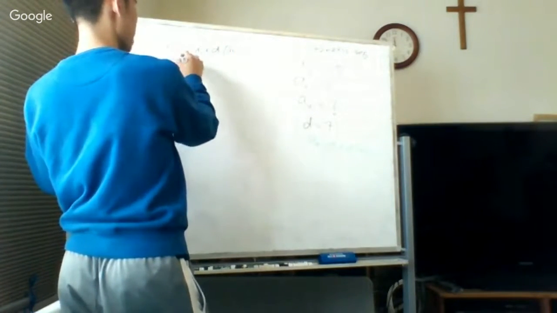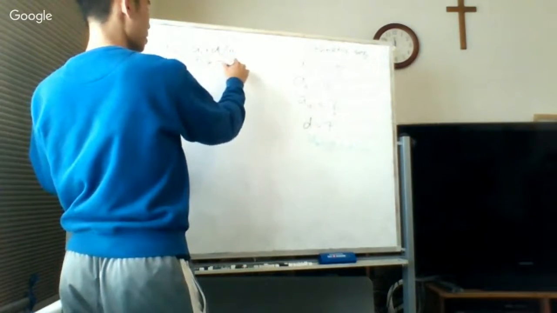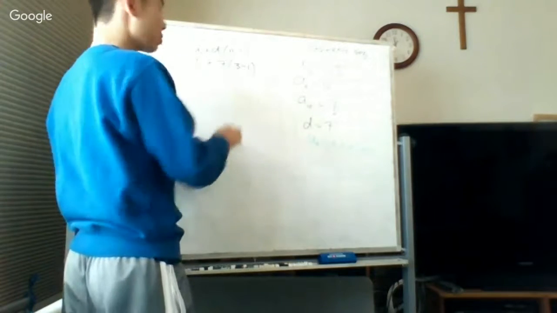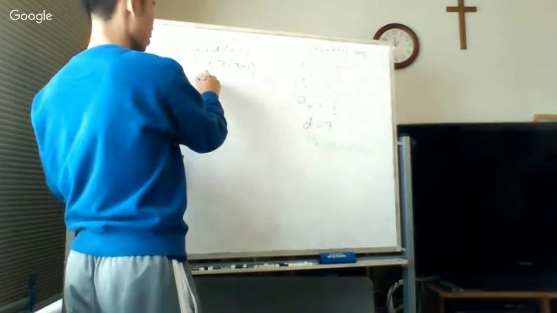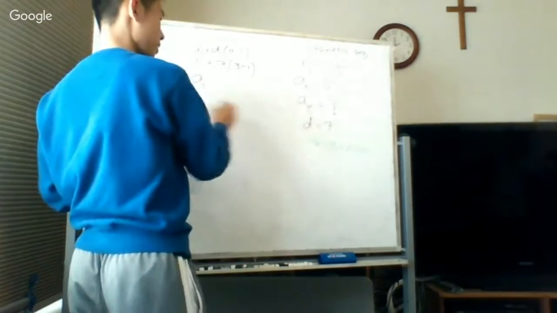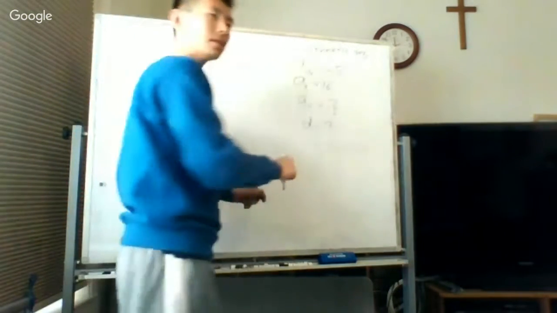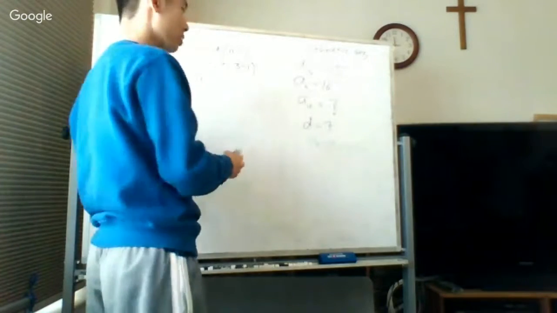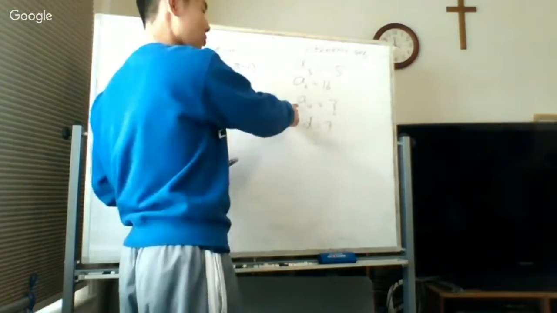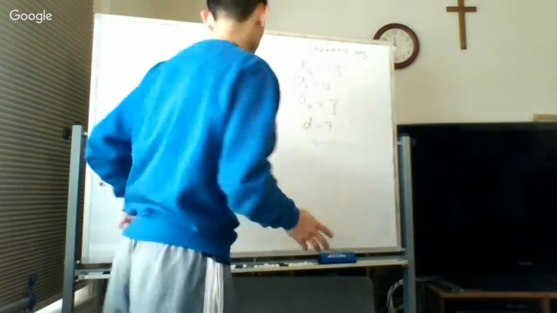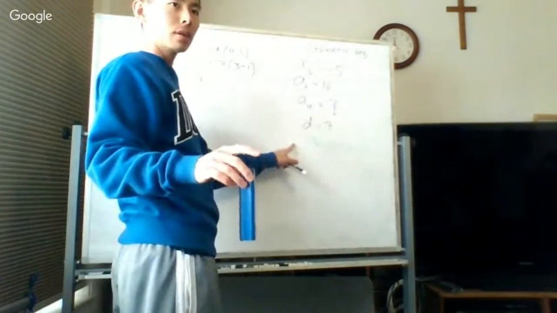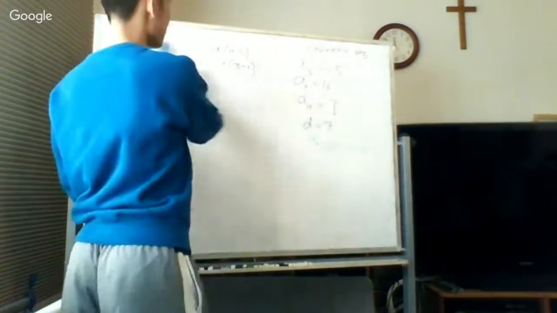So -5 equals A1 plus 7 times, since this is the third term, 3 minus 1. You could get what A1 is equal to, and then plug in A10 into the same formula. So you could use D to solve for the first term, and then use that to solve for any term you want. There's an easier way to do that, though. Do you guys understand how to do that? Once you get D, you can do that.